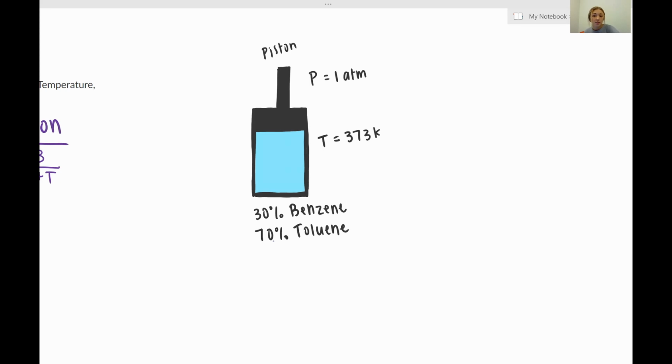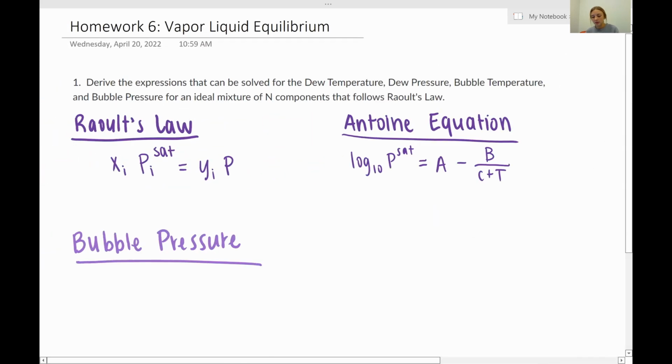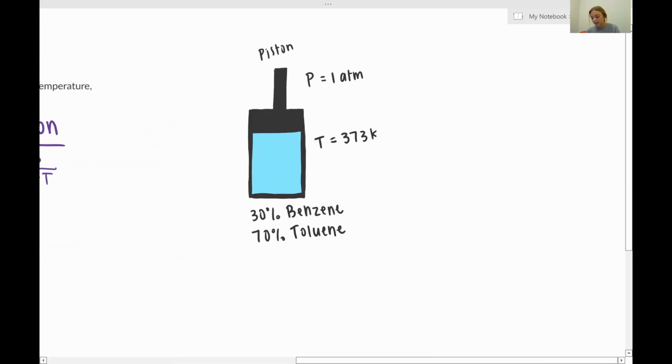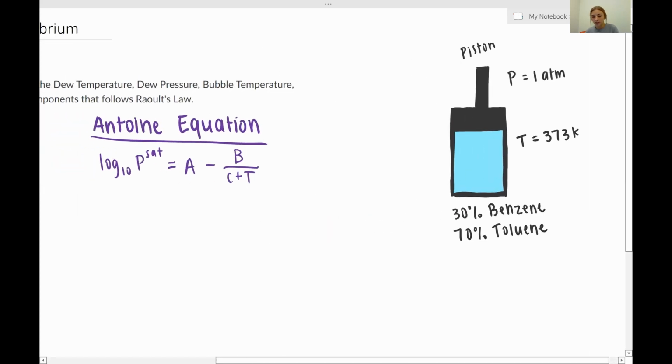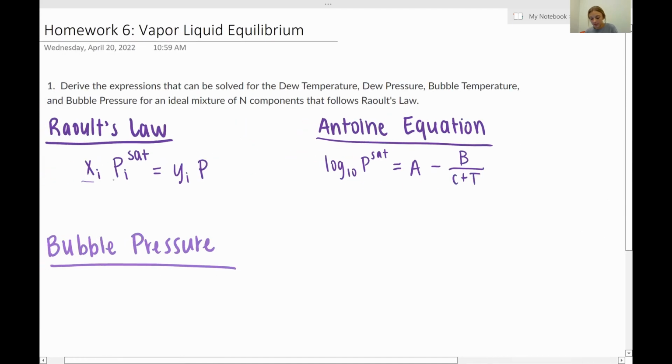So that information is basically going to give us the mole fraction for a liquid phase, which is the Xi that we see over here in Raoult's law. And lastly, we are given an external temperature of 373 degrees Kelvin, and we can actually use that temperature in our Antoine equation to find the pure saturation vapor pressure. And then that's going to be the same over here.